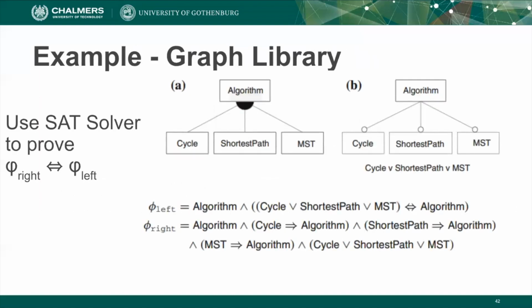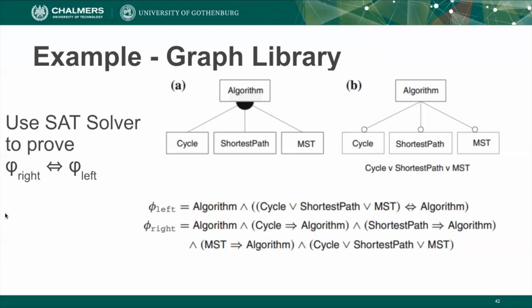So here we show two feature models, A and B. And we, of course, have the propositional formulas for both of these. What we might want to do with our SAT solver is prove that B is equivalent to A, that these are technically the same model, just expressed in different ways, by finding that no assignment can violate this formula.